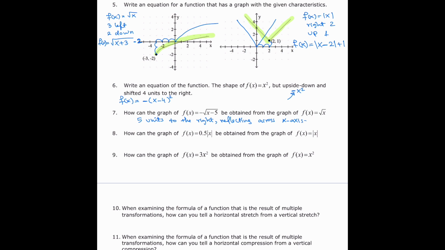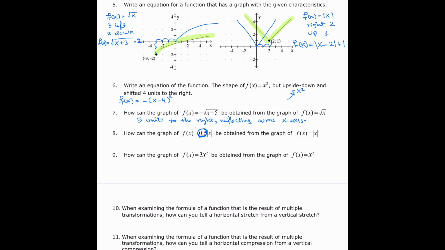How can the graph of f of x equals 0.5 absolute value of x be obtained from f of x equals absolute value of x? I noticed that this is a vertical transformation. In this case, we are compressing the graph because we're multiplying by a number that is less than 1.